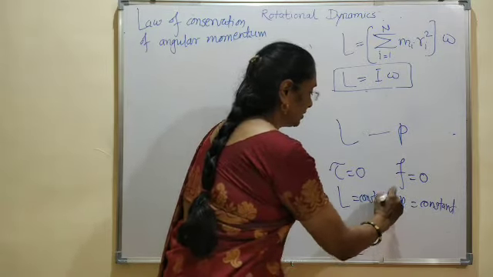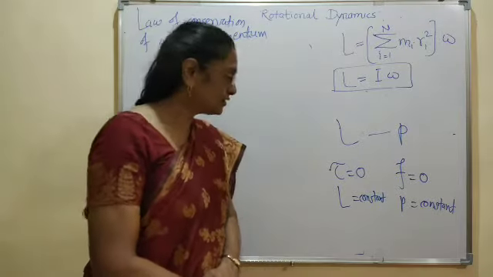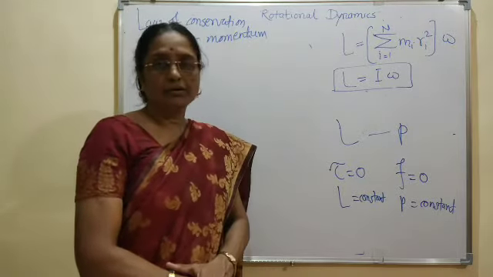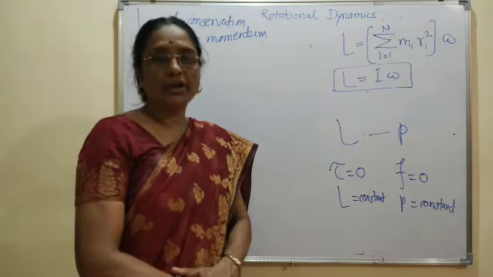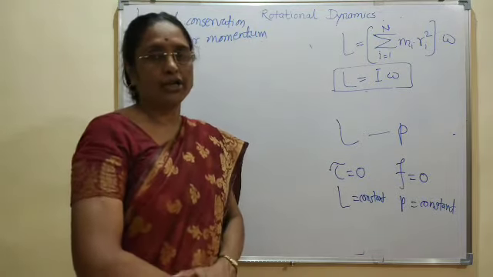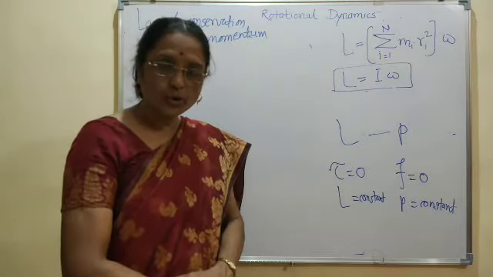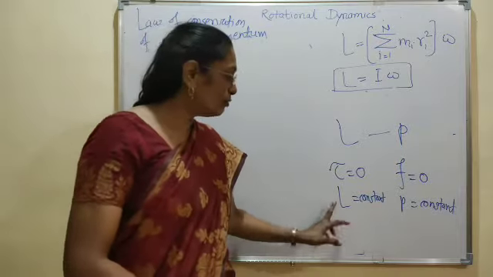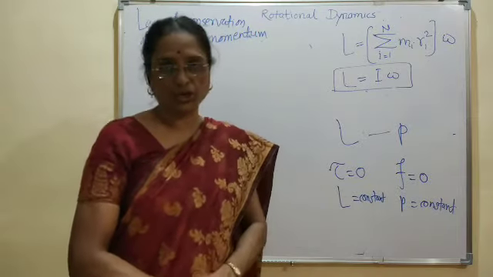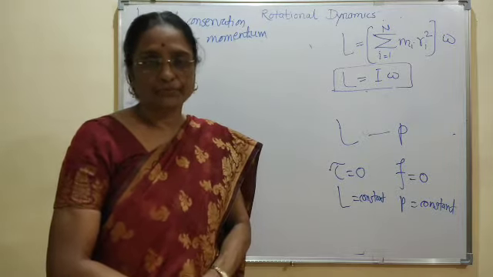This is the statement. We can make the statement like this: if the external unbalanced torque acting on the rotating body is absent or it is 0, then angular momentum remains constant or angular momentum is conserved.